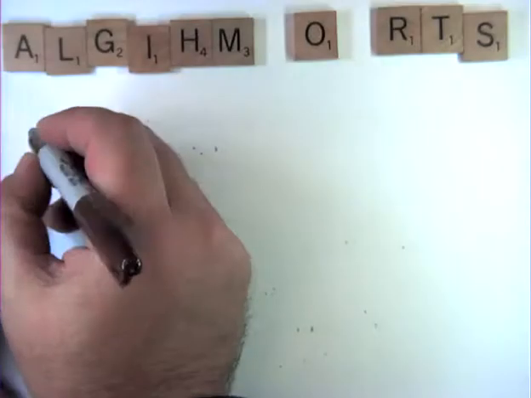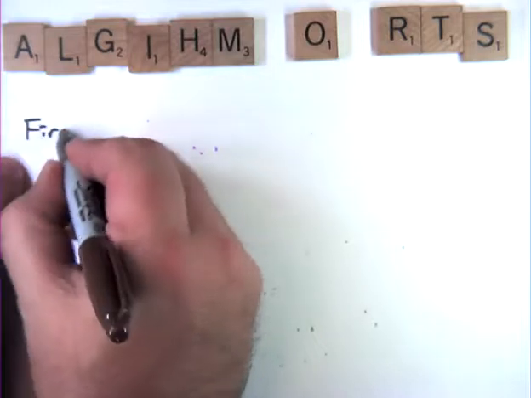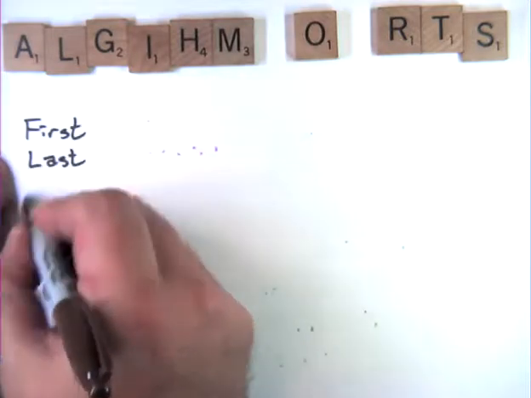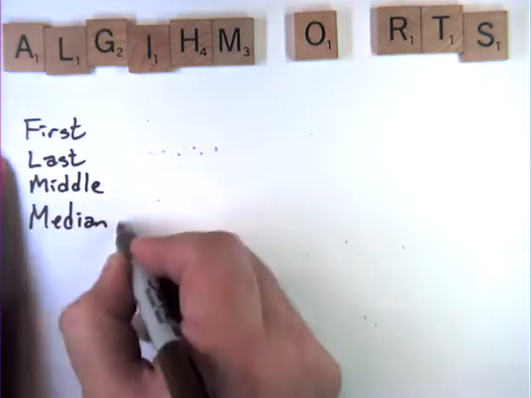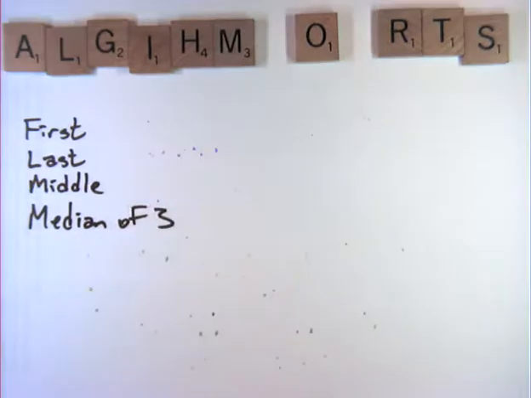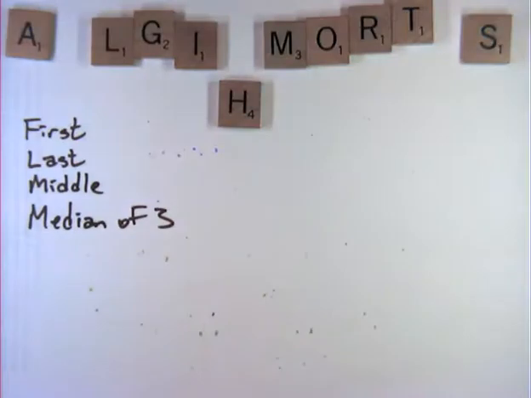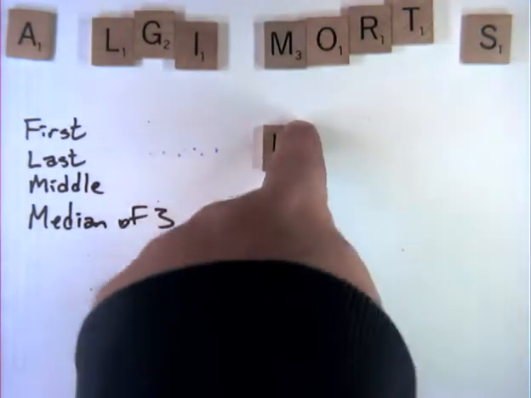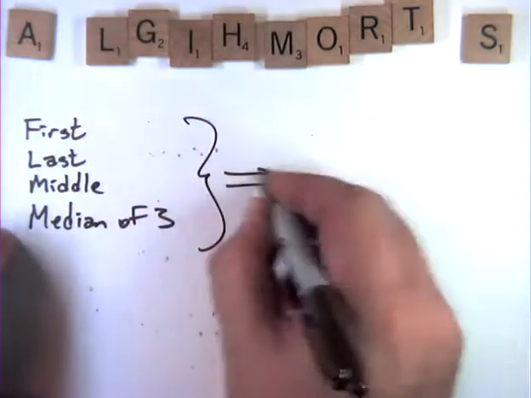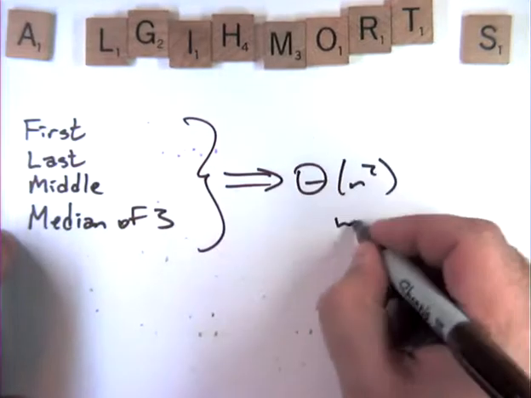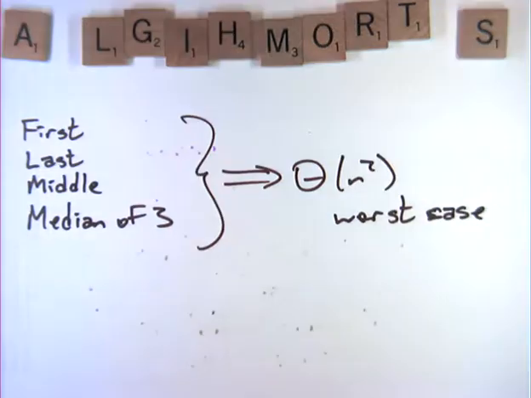For most simple deterministic choices of pivot, so maybe I'll choose the first element, maybe the last element, maybe the middle element of the array, maybe the median of 3 heuristic, which is look at the first, last, and middle elements of the array and take the one that is neither the largest nor the smallest of those 3, and that should be my pivot. All of these are going to eventually lead to a worst case running time of n squared.